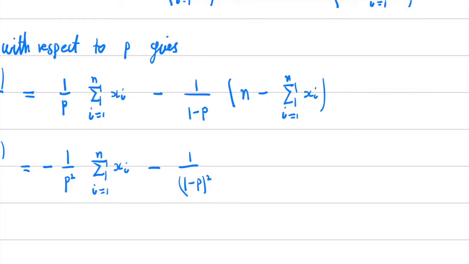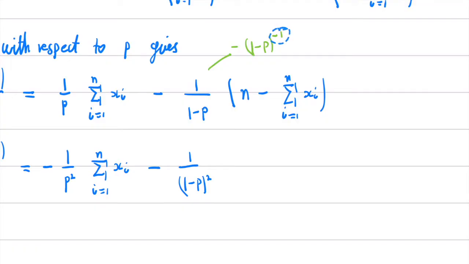The reason being is that first we notice that this is -1 times (1 minus p) to the -1. So we take the power down, and that would become a -2, but then we've still got to multiply by the derivative of the inner function, which is -1.